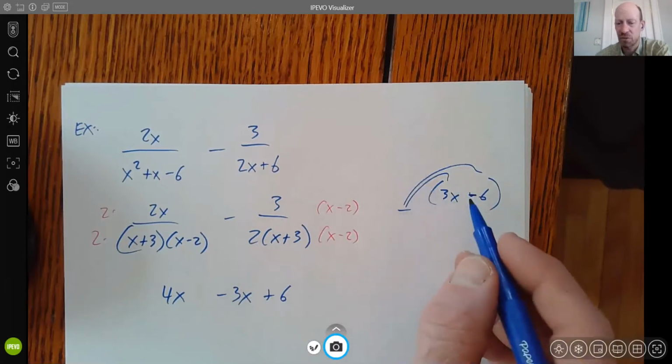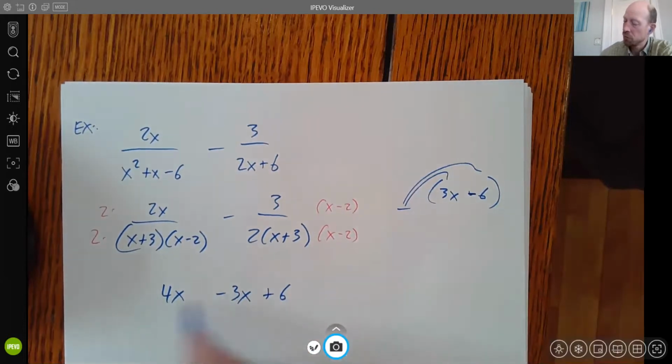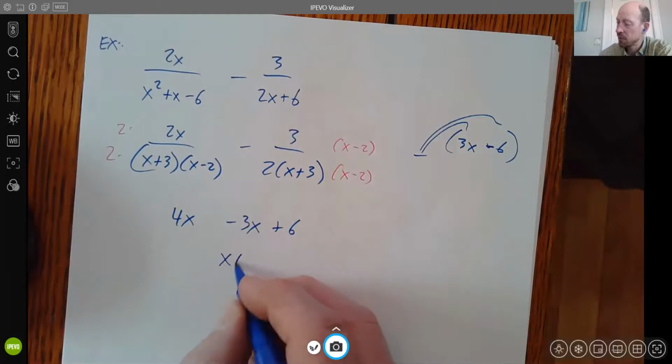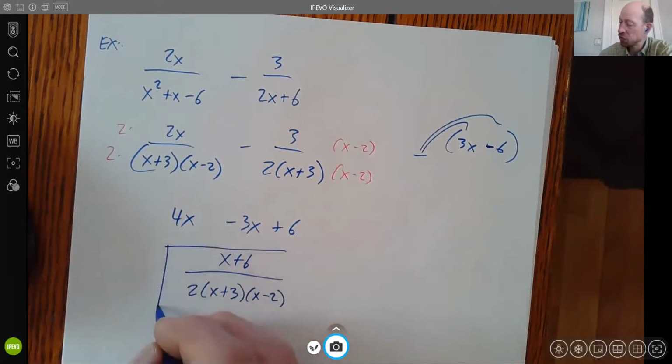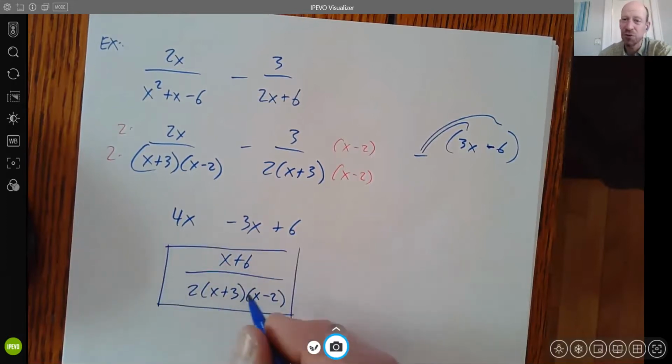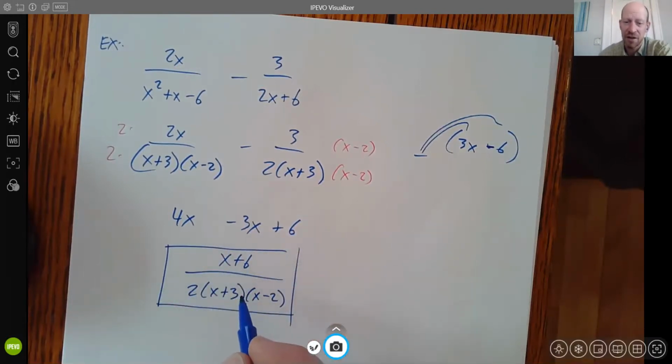You've got to also subtract the negative 6. 4x minus 3x is x. And I've got to make sure to write that over the common denominator. Don't lose that denominator. So if you need to write it in each step, that's fine. If that's what it takes to not leave it behind, right? Your answer can't be just x plus 6. It's got to be x plus 6 over this expression.